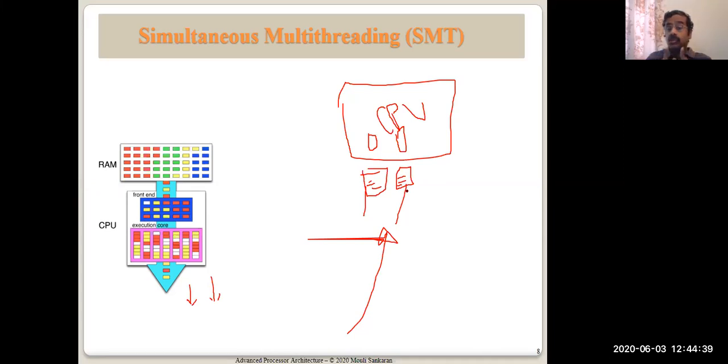What I mean by resources inside the CPU is nothing but functional units. It's like the bathroom in the house. If one thread is there in the bathroom, you cannot enter. In the same way, here one functional unit is occupied. Suppose there is only one divider and another thread is running its divide instruction on the functional unit, then the other thread has to wait if there is only one functional unit.